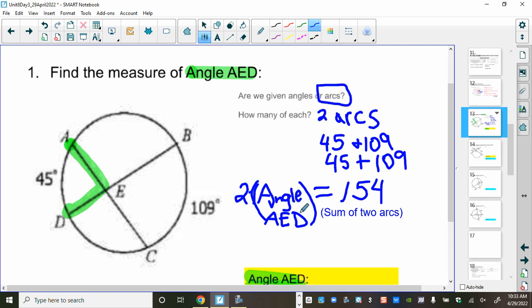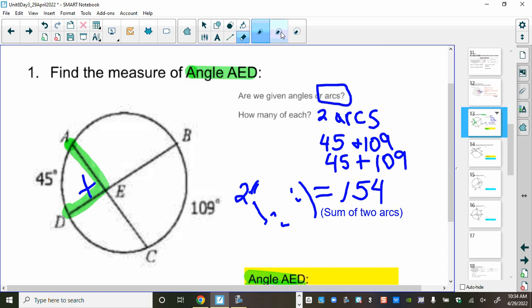So think about it like a variable. Well, what's our variable? What can we always use for a variable, or a missing value? We can use x. There's our x right here. So let's change angle AED to an x. So basically, it's 2 times x. That gave us 154. So AED, we're going to make x.